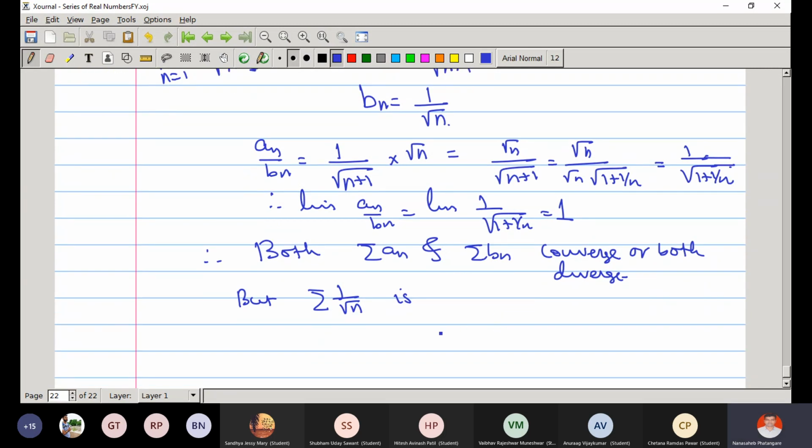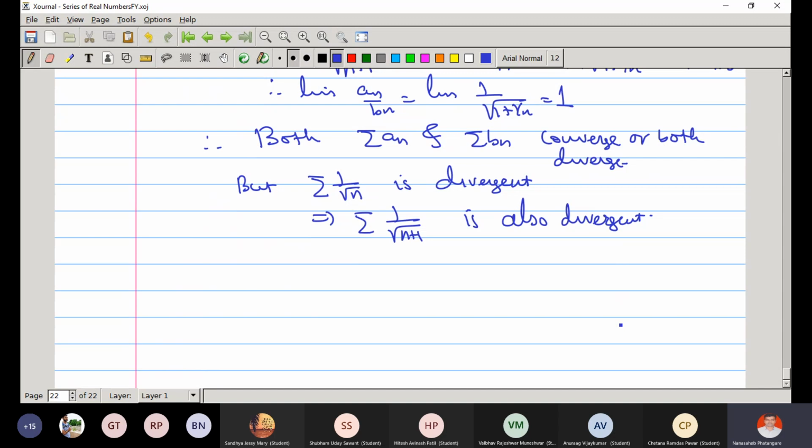It is divergent, by the p-series test, and therefore the series with root of (n+1) is also divergent. So certainly it is divergent.